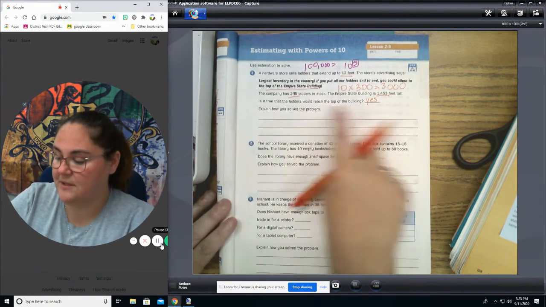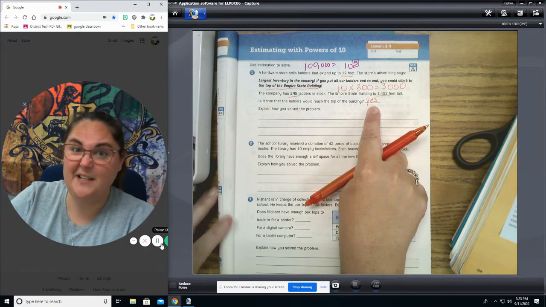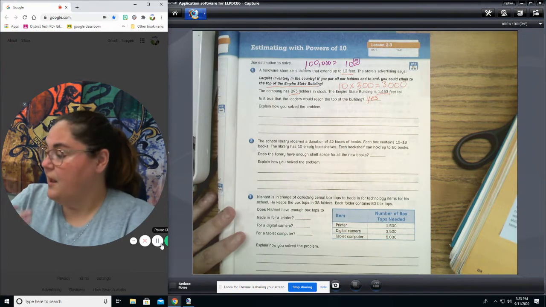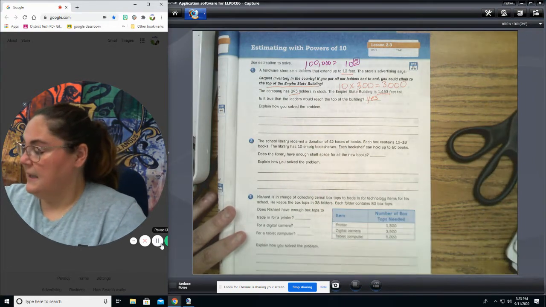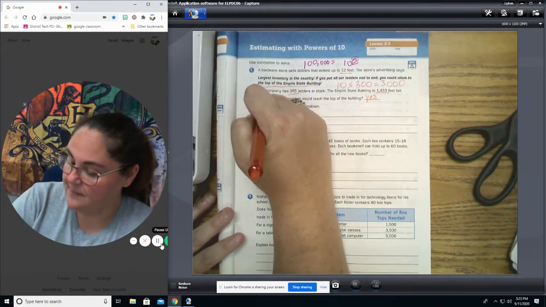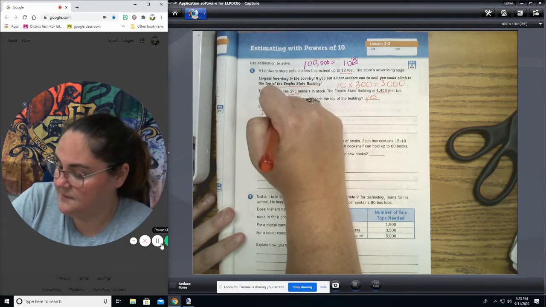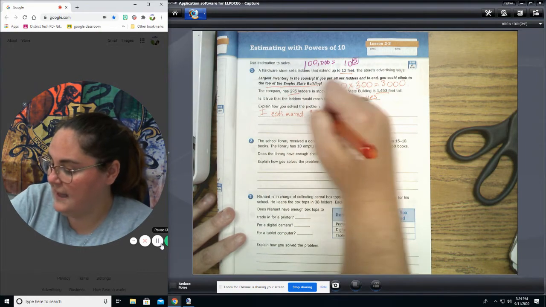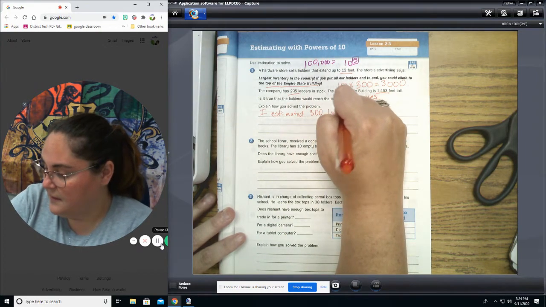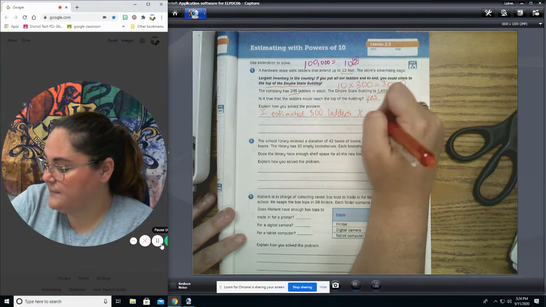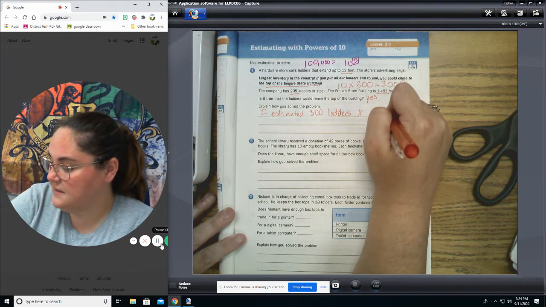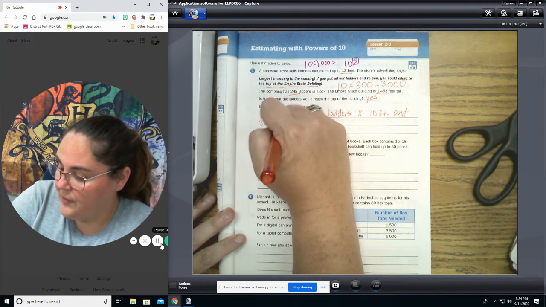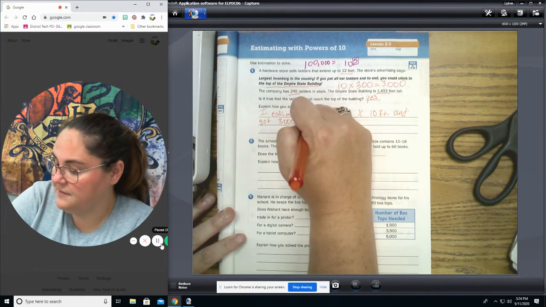This is an answer you need to write. Do you see the little line there? It means you need to write something there, guys. All right, explain how you solve the problem. The way I would write this is I would say I estimated 300 ladders times 10 feet and got 3,000 feet.